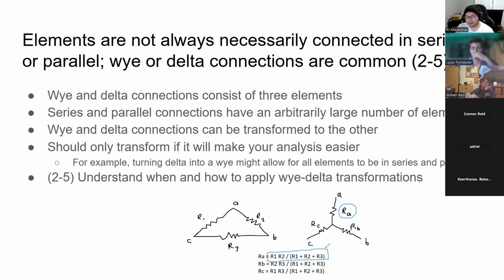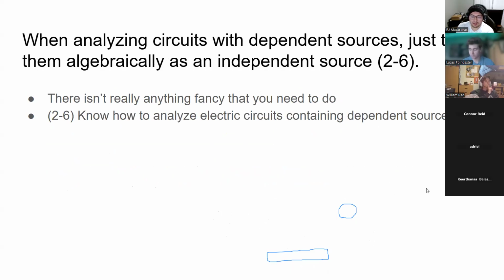The textbook also has the inverse transformation, where if we're given RA, RB, and RC, we can calculate R1, R2, and R3. But I don't think you'll come across this all that much. And even if you do, you'll typically just be able to look up the transformation and it should be pretty straightforward.